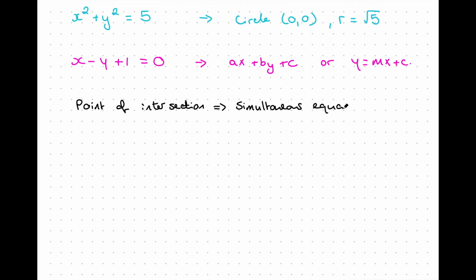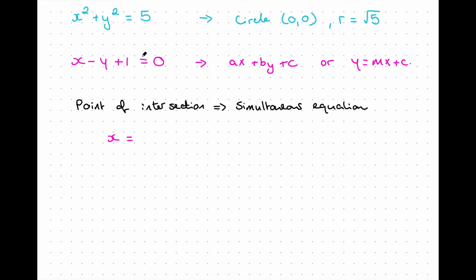So how do we solve a simultaneous equation where one of the equations is not a linear one? The trick is to take the linear equation, which we have is x minus y plus 1 is equal to 0, and rearrange that so that you either get x equals everything else or you get y equals everything else. And it does not matter which one you choose.